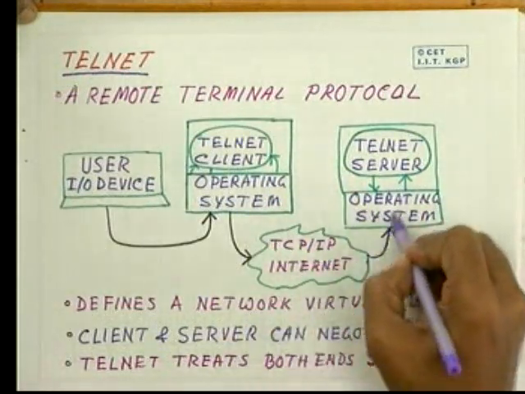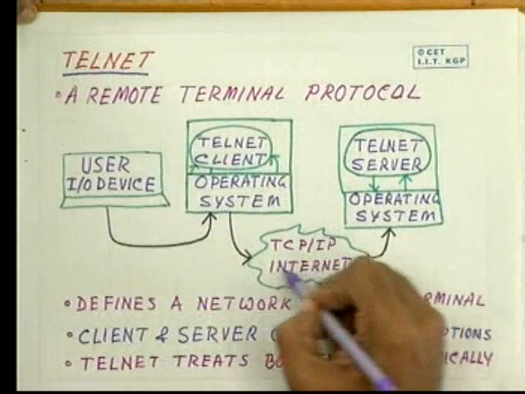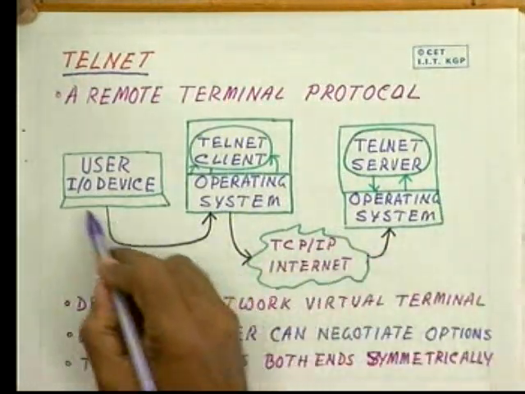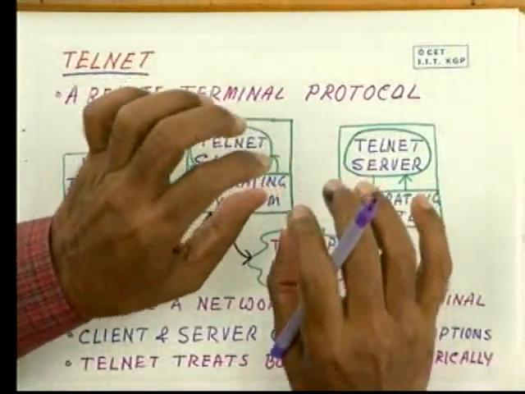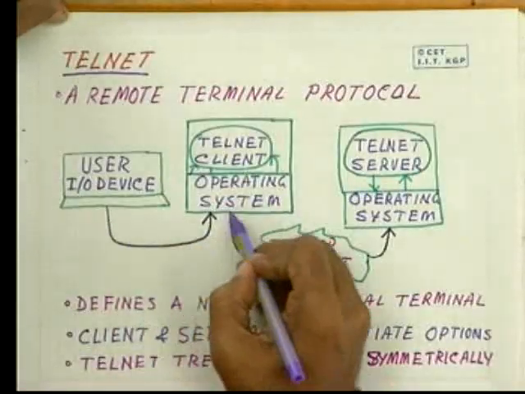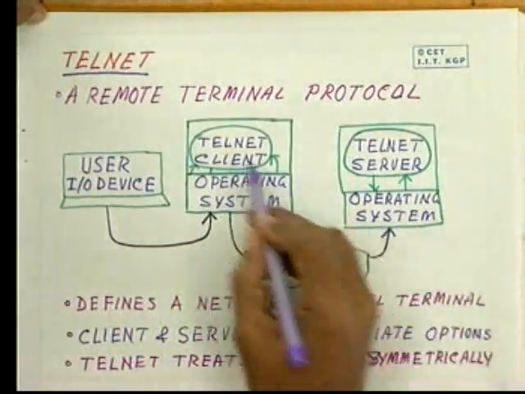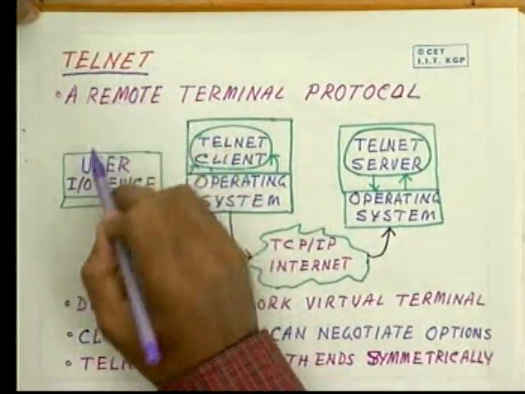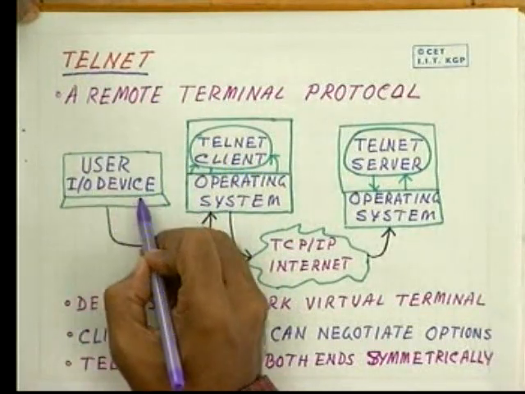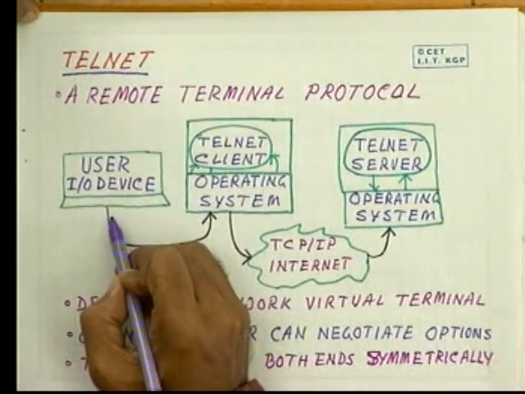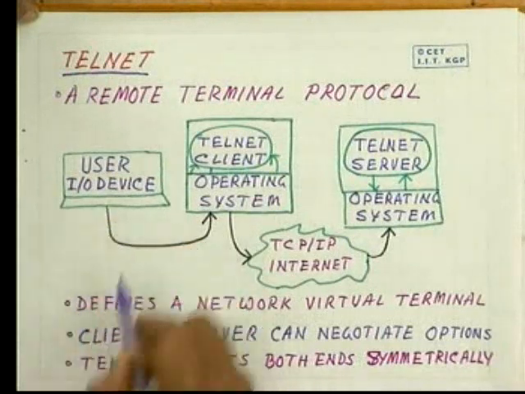Once this connection is set up through this TCP/IP internet, this user IO device functions more or less in the same manner as if it has been directly connected to the system. So after the connection is set up using that telnet protocol, the communication can be done as if this user IO device is directly connected to the server system.